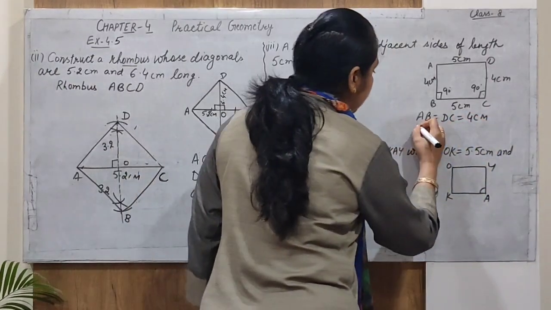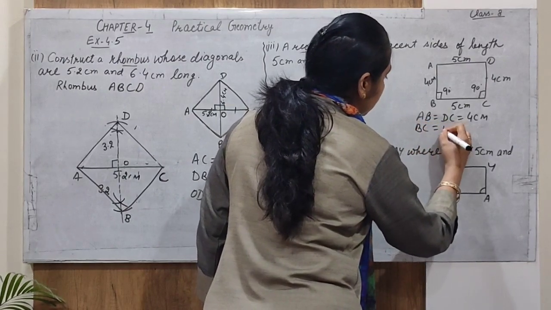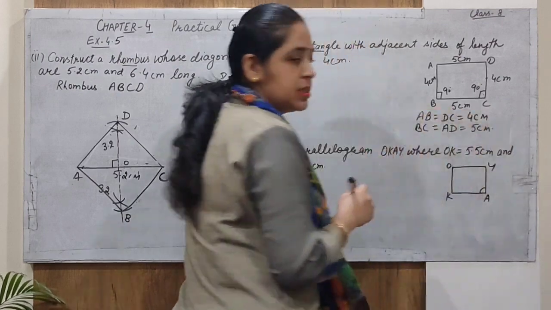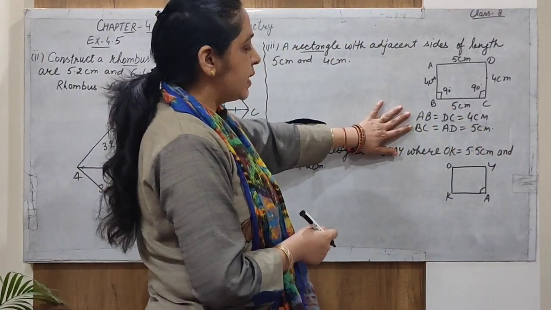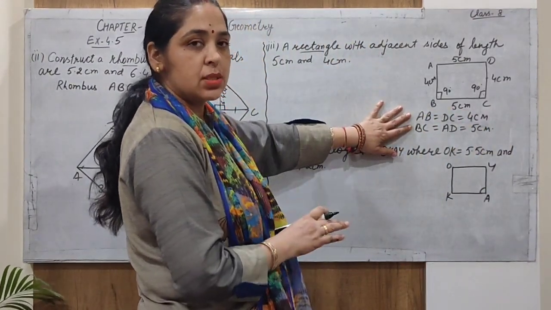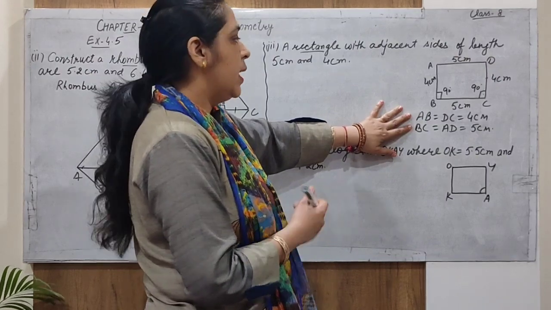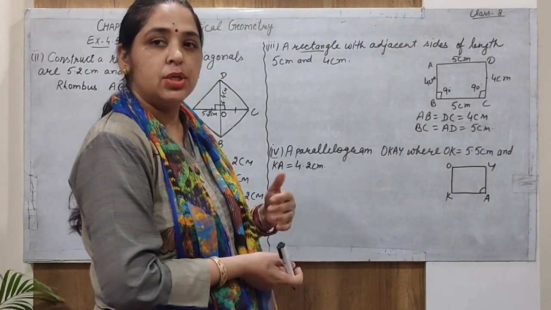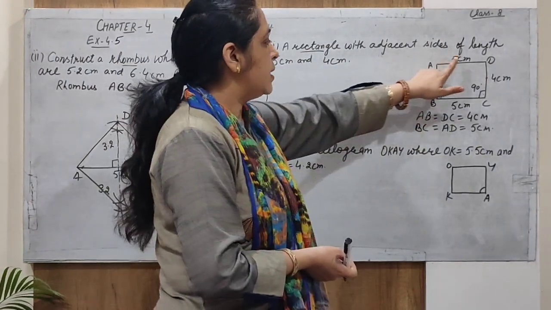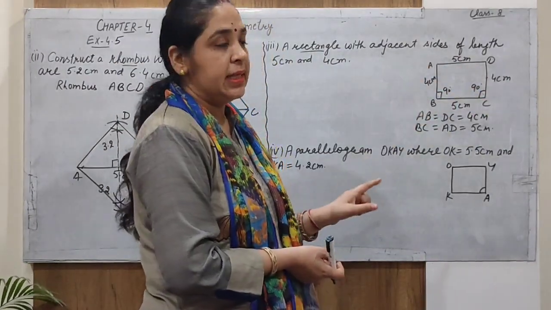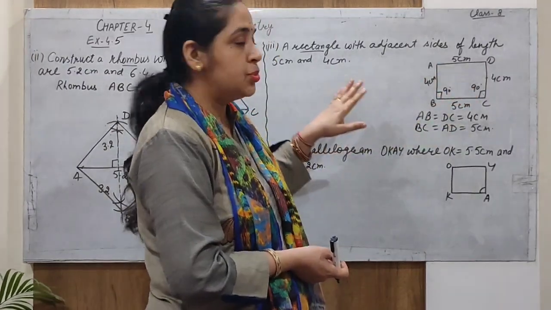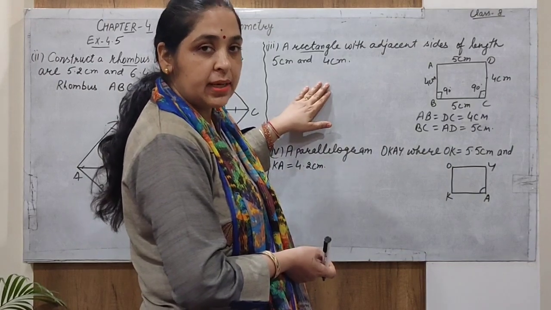Next, BC is equal to AD is equal to 5 centimeter. Alright, four sides are given to construct a quadrilateral. Next, what is the next property of the rectangle which we can use? All angles are of 90 degree. So we can draw any angle to construct a rectangle.